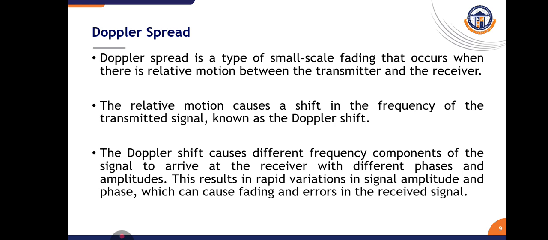So Doppler shift is an important consideration in the design of wireless communication systems, particularly for mobile applications, where there is often significant relative motion between the transmitter and the receiver. Diversity techniques are used to combine the multiple signal paths to mitigate the effects of fading, and adaptive modulation techniques are used to adjust the modulation scheme and data rate based on the channel condition.